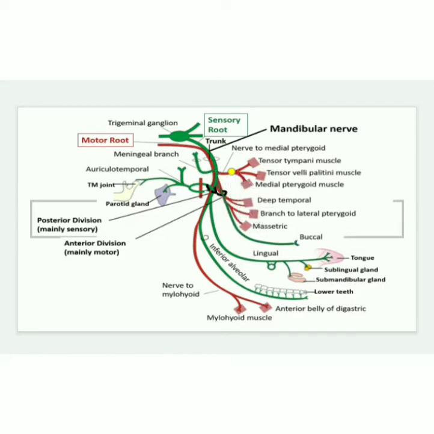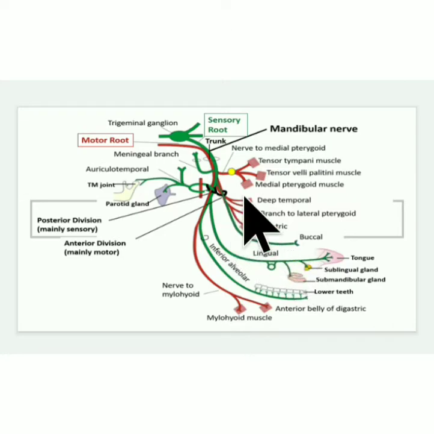From the anterior division, it gives off the deep temporal branch to lateral pterygoid, the masseteric nerve, and one more branch, the buccal nerve.